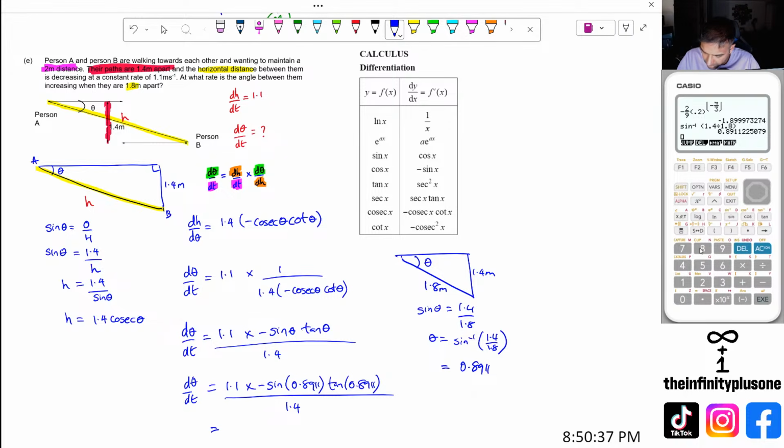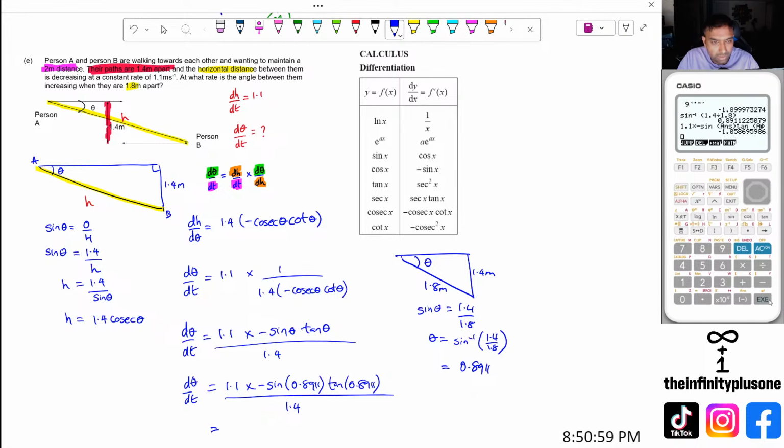All right, let me just go through this. We've got 1.1 times, what do I have? Negative sine of answer. Tan of answer. That's the numerator.